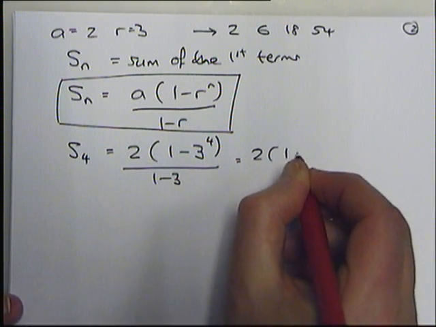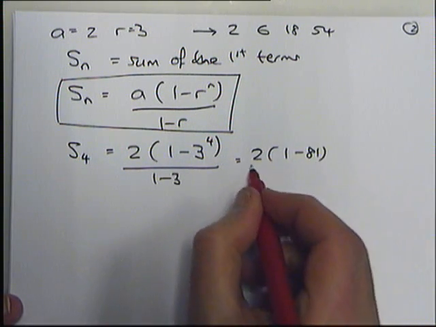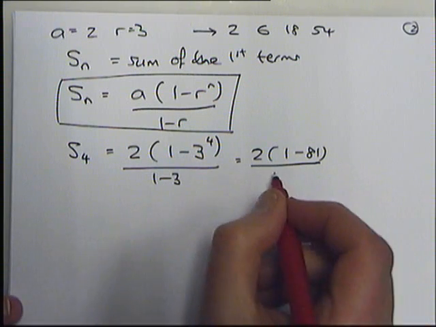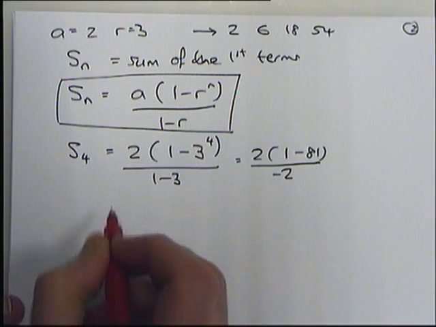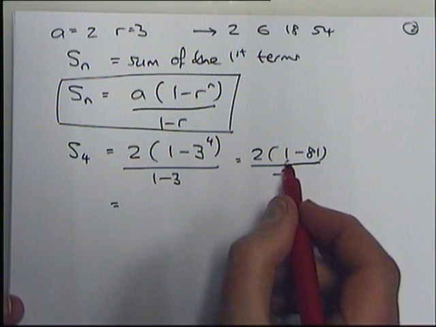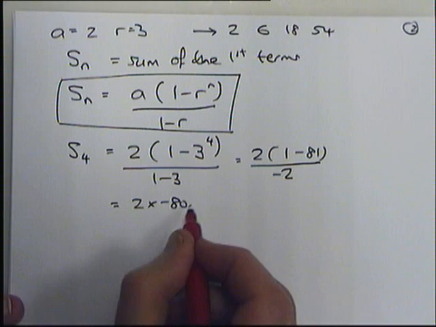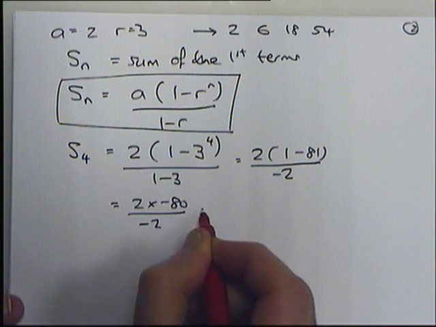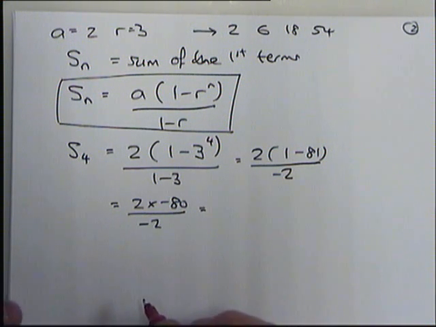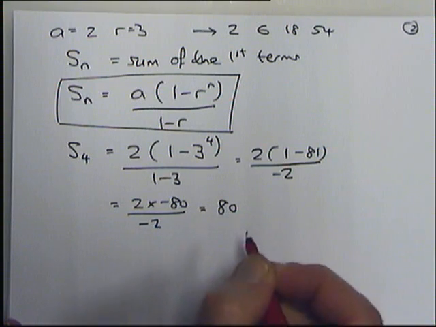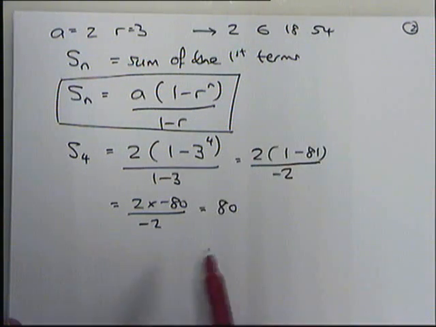So in the bracket I have 1 take away 81. And on the bottom, 1 minus 3, that's minus 2. So in the bracket, 1 minus 81 is minus 80. And I'm dividing by minus 2. And if you work that out, you get an answer of 80.